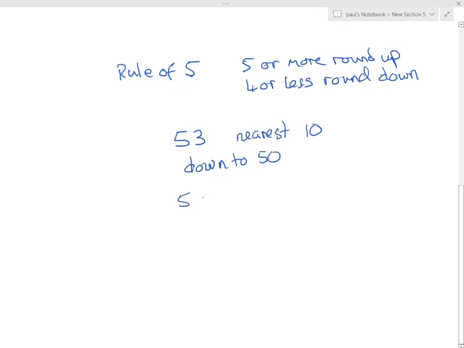If you have 57 to the nearest 10, you'd go up to 60. And if you have something that's right in the middle that you could either go up or down, you use this rule. It's 5 or more, so you go up to 60.